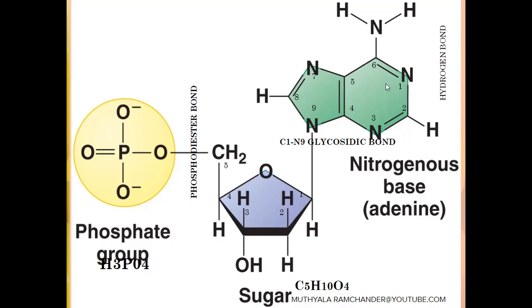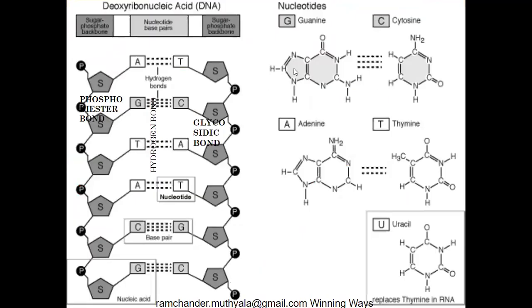Between two nitrogenous bases, hydrogen bonds are present. Hydrogen bonds are mainly two types: double bonds and triple bonds. Adenine is always connected with thymine by two hydrogen bonds, and guanine is always connected with cytosine by three hydrogen bonds.